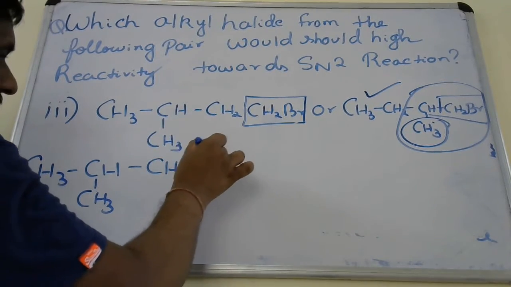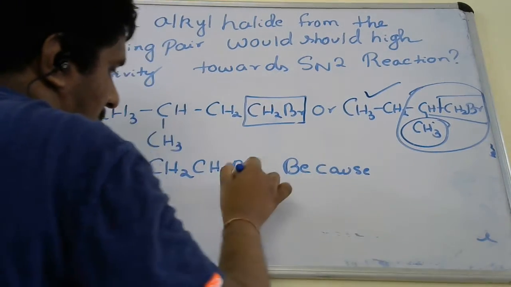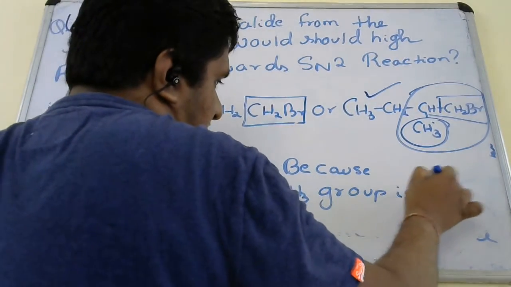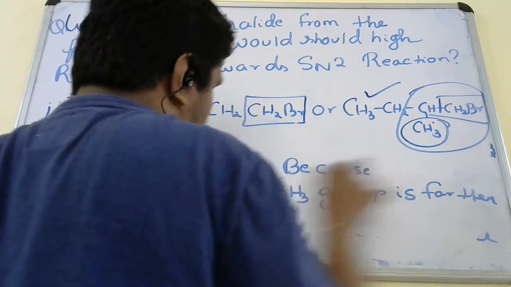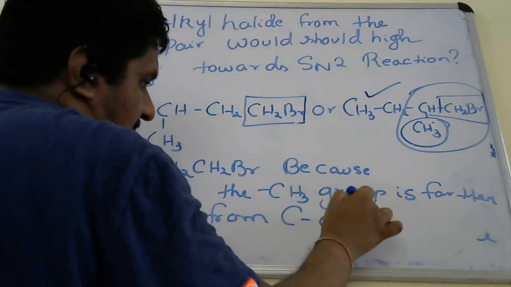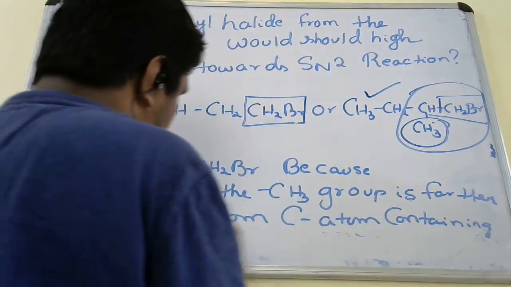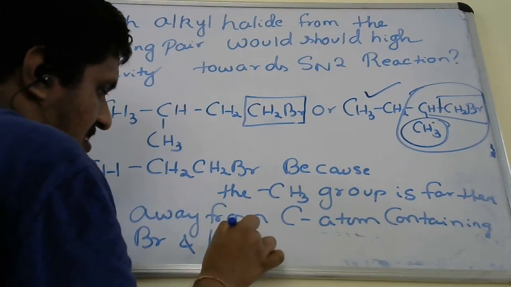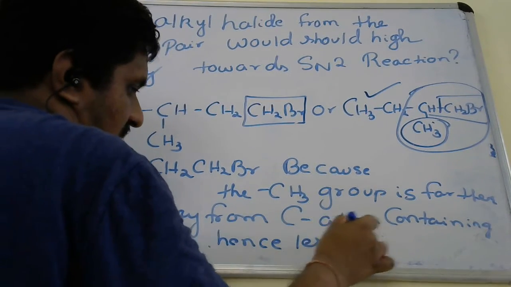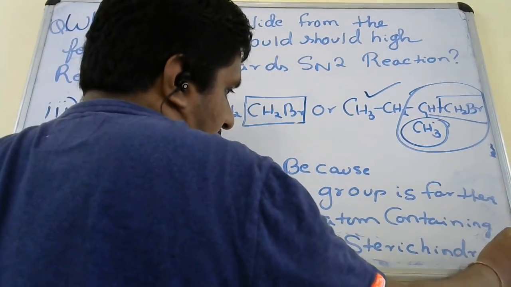Why? Because the methyl group is farther away from the carbon atom containing bromine, and hence there is less steric hindrance.